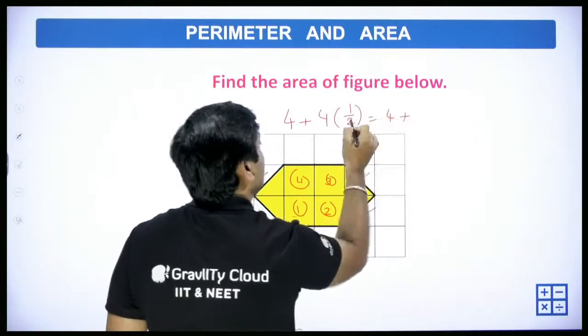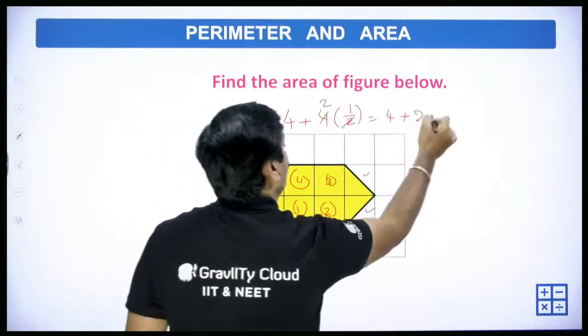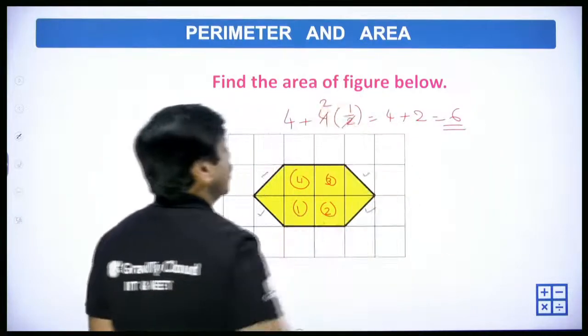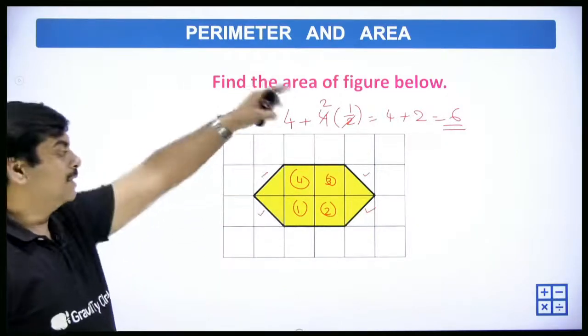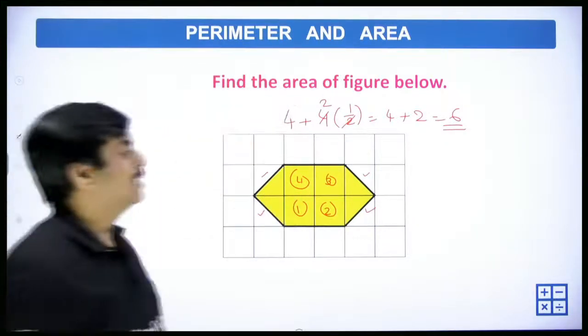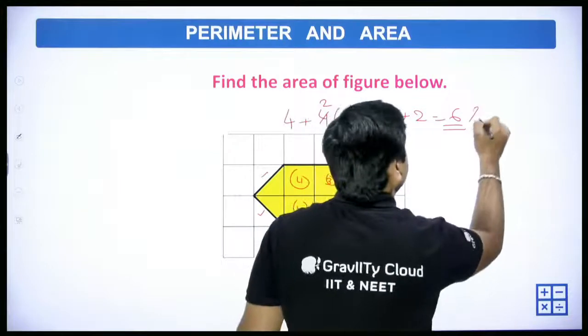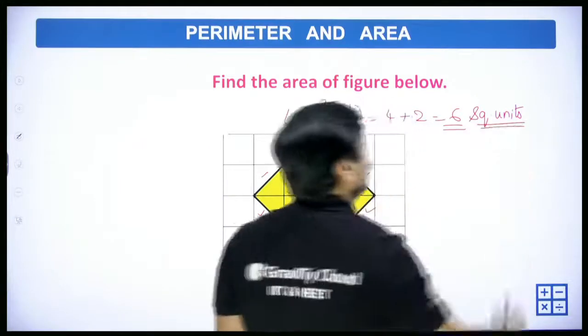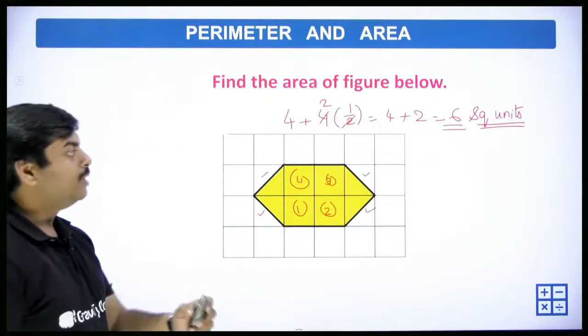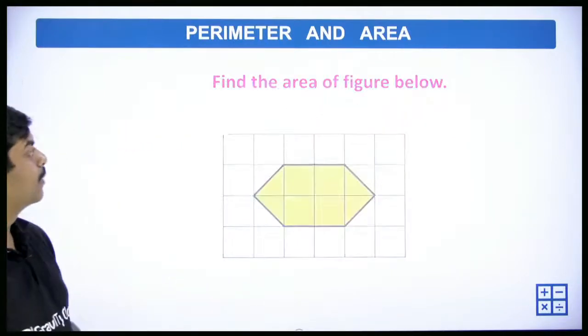So 4 plus 2 is 6. 4 plus 4 into 1 by 2 becomes 4 plus 2, which is 6. But area has units, so 6 square units, correct? Alright, next one.